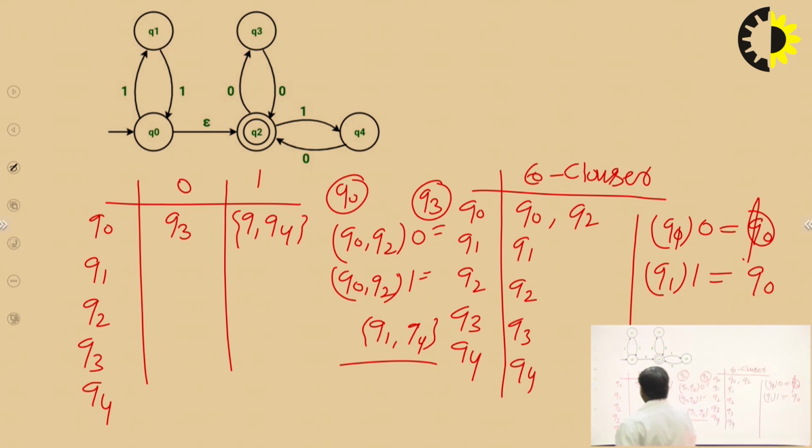Now here is phi, no transition, and here is Q0, that is Q0 and Q2.